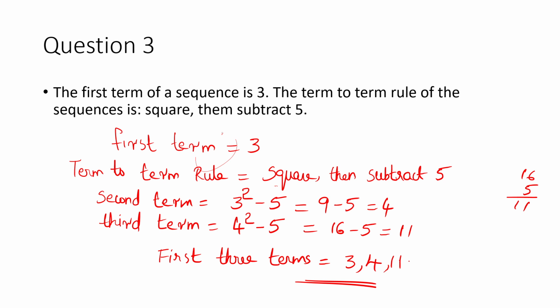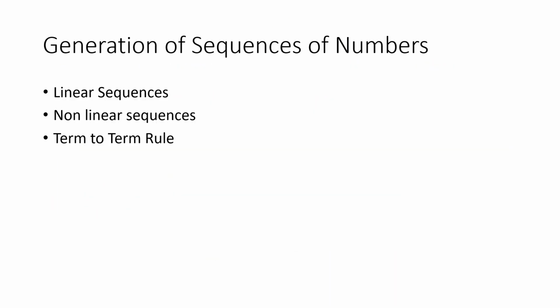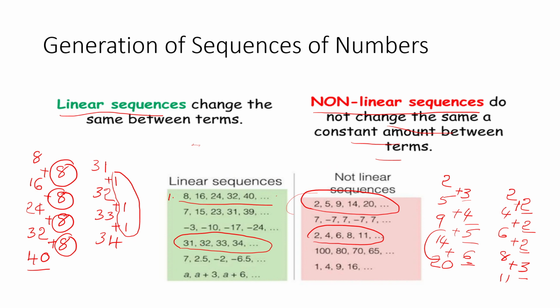So I hope you understood what linear sequences are, what non-linear sequences are, and what the term to term rule is. Linear sequences mean a constant change between all the terms in the sequence.